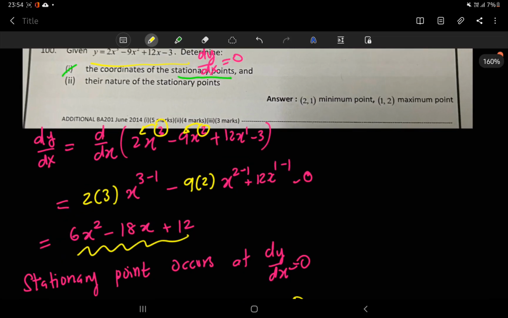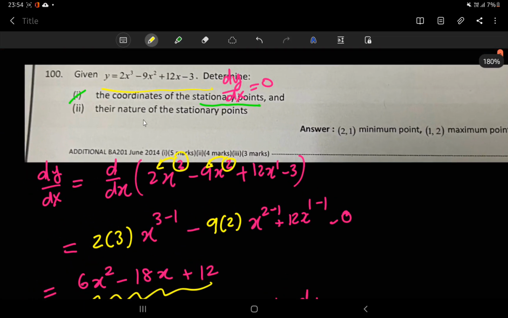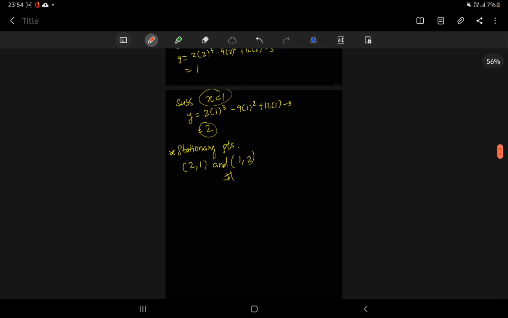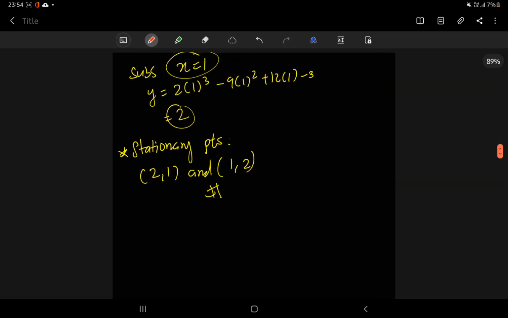Question Roman 2, the nature of the stationary point. So this is very easy. What is the nature? We need to find whether it is a minimum stationary point or a maximum. That's easy. We just take the second derivative of the function.